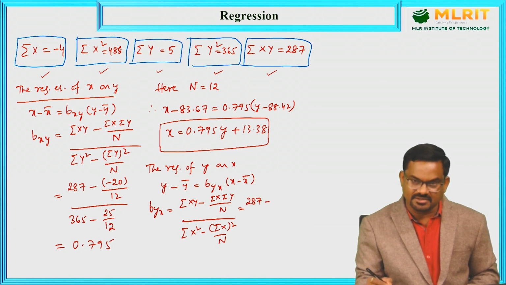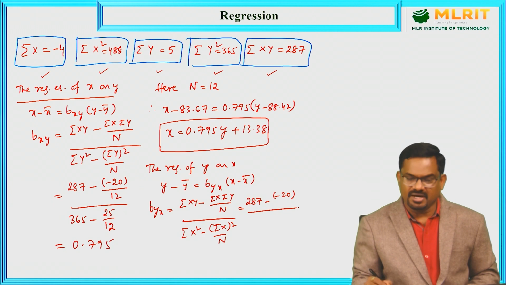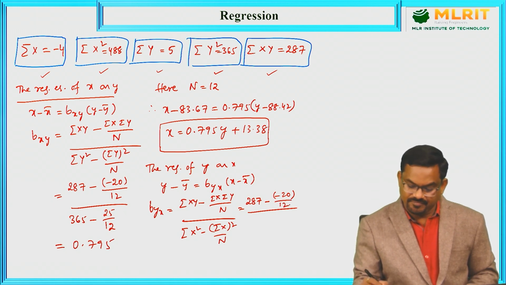287 minus sigma X into sigma Y, again minus 20, divided by N is 12, and denominator sigma X square is 488 minus sigma X whole square 16 divided by 12.